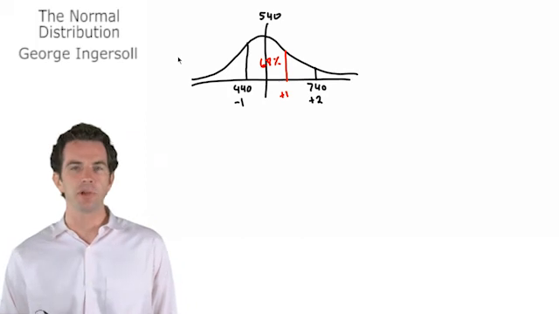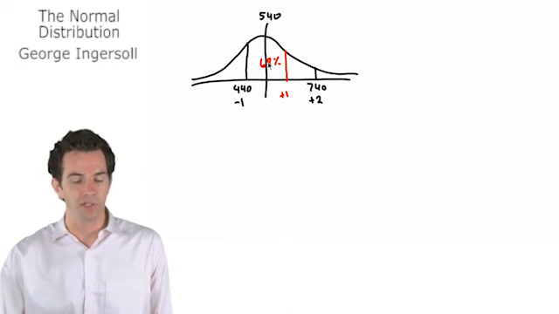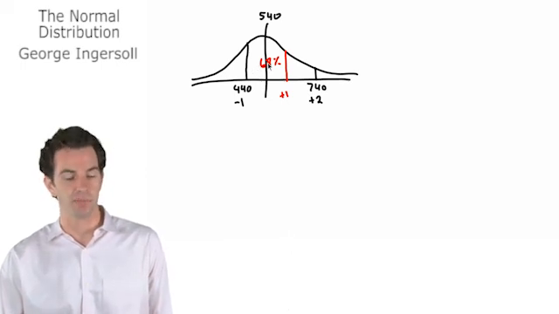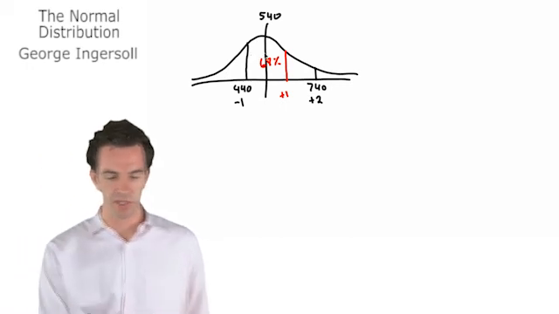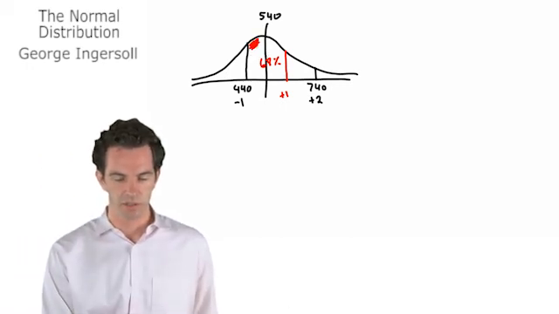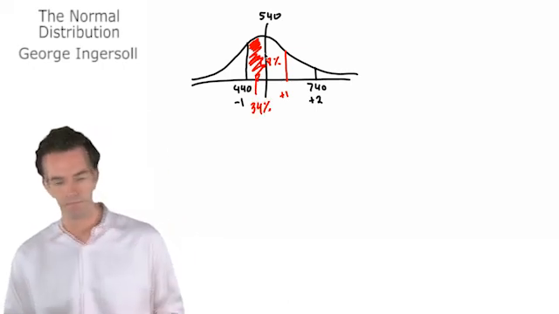And we can further break this down to say between -1 standard deviation and the average, it's going to be half of 68% over here, half of 68% over here. So that's equal to 34% right there.